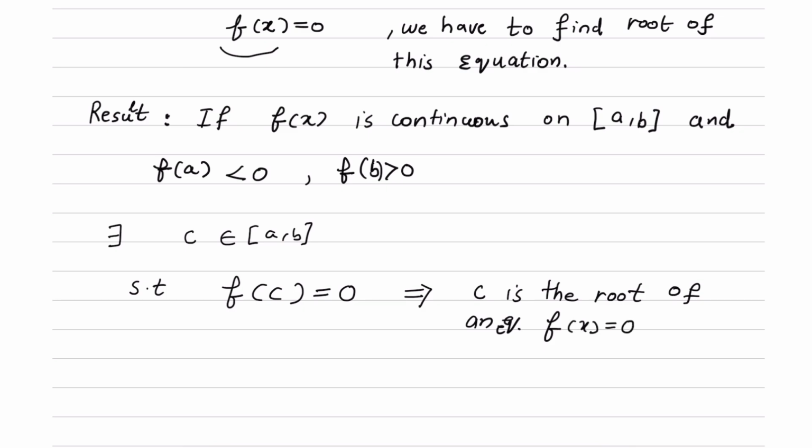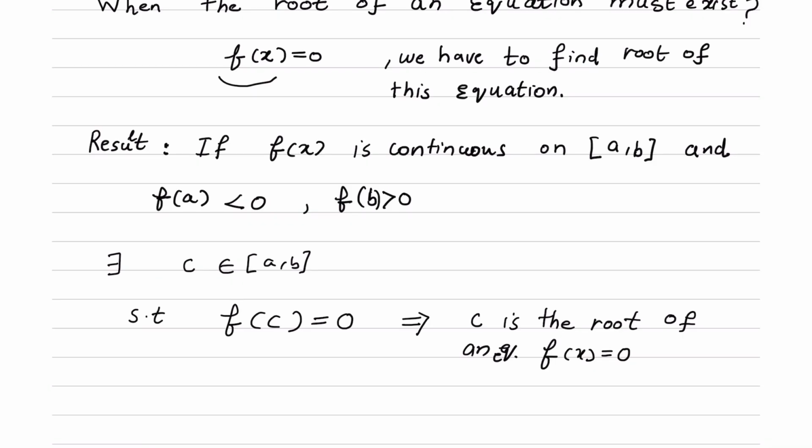So it means that if we have to find the root of this equation f of x equal to 0, then we have to look for some interval AB such that on one end of this interval the value of the function is negative and on another end of the interval the value of the function is positive.